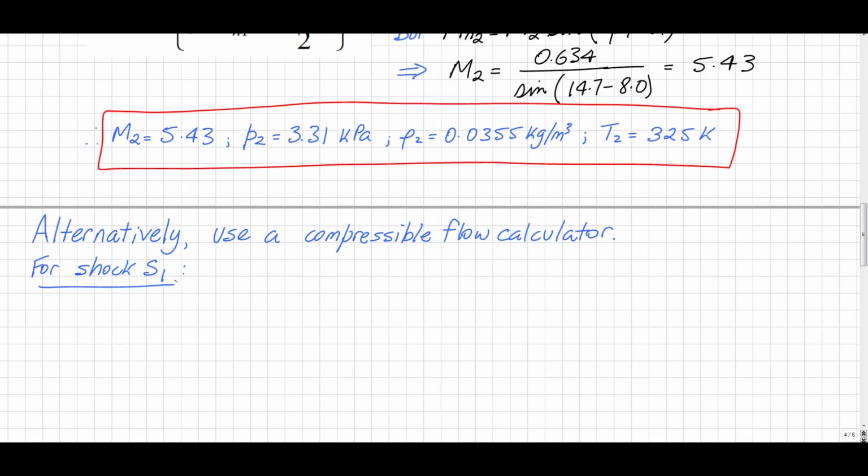And just a reminder that upstream of the shock, the input Mach number M1 is equal to 6.8, and the flow turning angle, and we are going to be looking at the weak shock solution, is θ1 equal to 8 degrees.